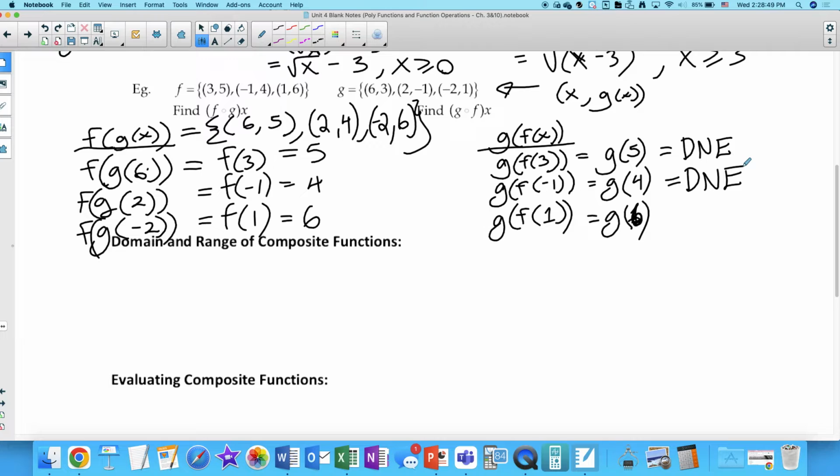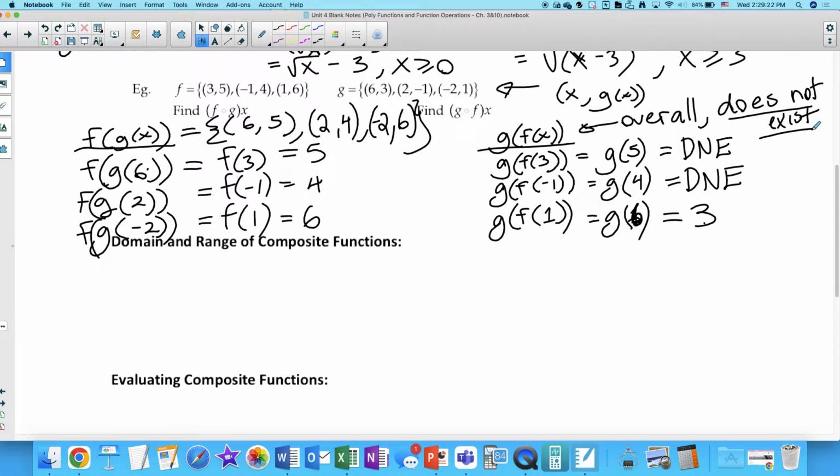The third point does exist, right? G of 6 is 3. But overall, as soon as one point doesn't work, the composite function does not exist.